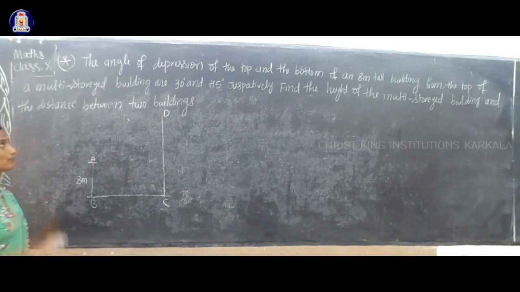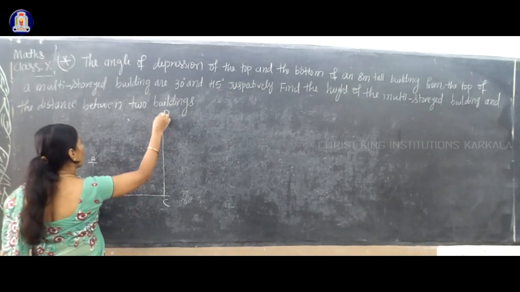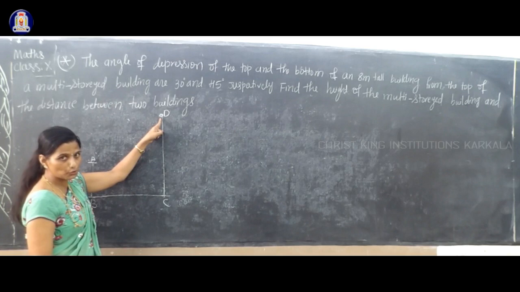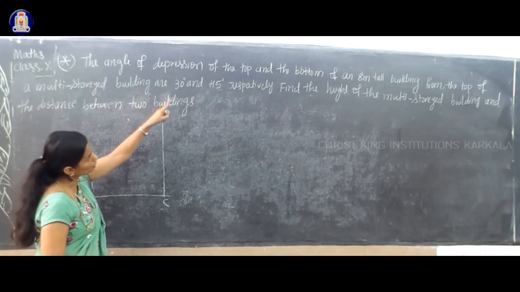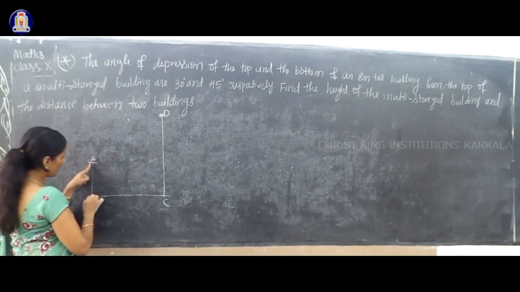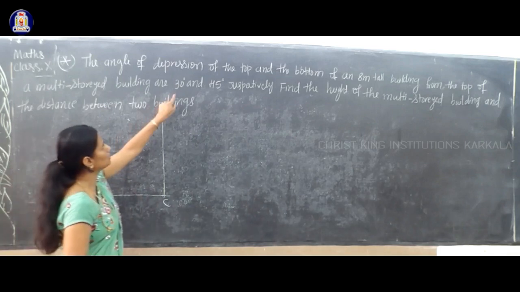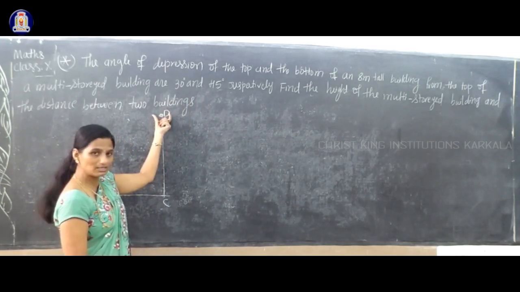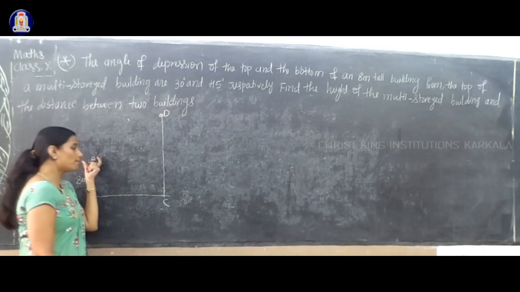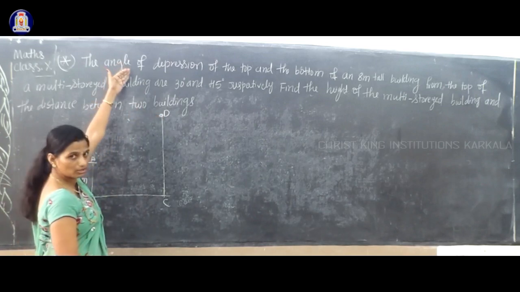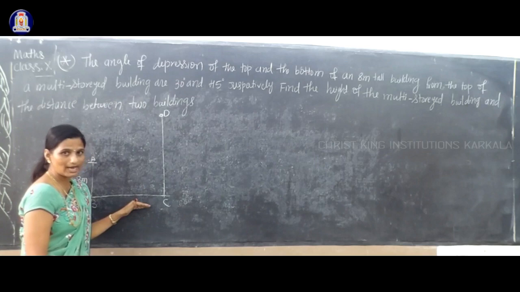Now angle of depression from where? From this point, from the top of the multi-story building to the top and bottom, respectively 30 and 45 degree. That means from this point to the top of the building, is the angle of depression upward? No. This is a downward angle, right?